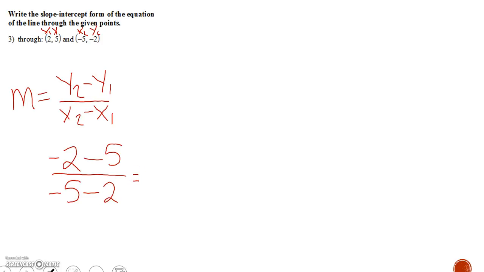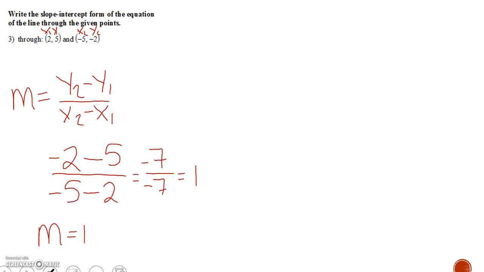So -2 minus 5 is -7, and -5 minus 2 is -7, and this can be reduced. -7 divided by -7 is a +1. So now we have our slope, which is +1.